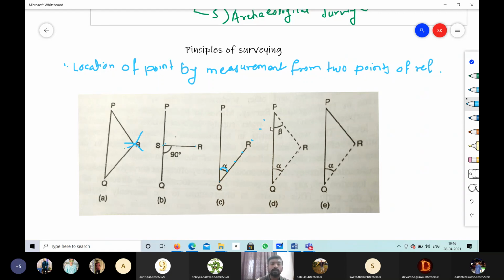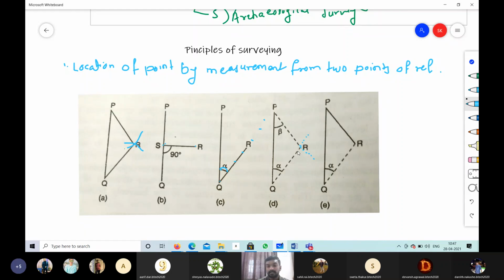From point P, if you take beta, then you can mark the line. This line may travel from P through R and it may go like this. But when you draw another line by taking the angle alpha, then it would go like this. Where it crosses, that point would be R. In this way, you will get the point R by having the information of alpha and beta.